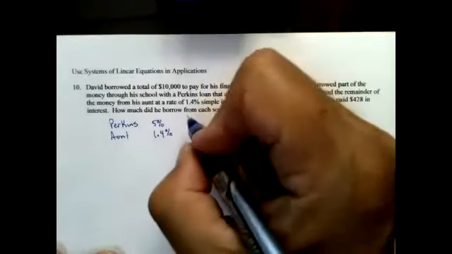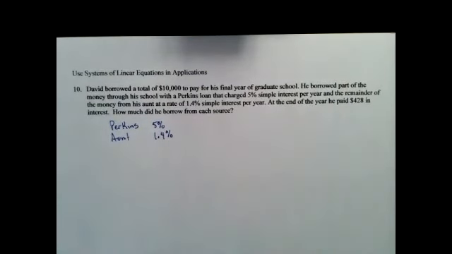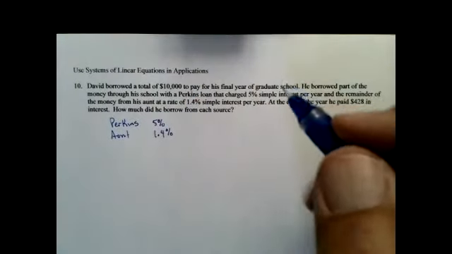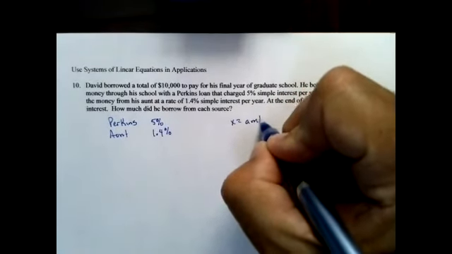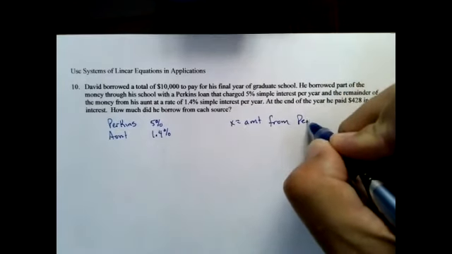So we need to figure out which one we want to be X and which one we want to be Y. I'm going to say X equals the amount borrowed from Perkins, not the breakfast place.